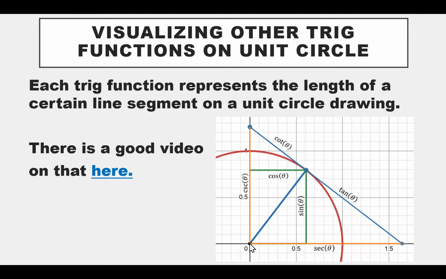Secant of theta is the distance from the origin all the way out to where that perpendicular line hits the x-axis. And cosecant of theta is the distance from the origin to where that line hits on the y-axis. Again, I'm not going to go through the details of why that's true. You can look at the details on one of those videos that's linked in the description of this one.